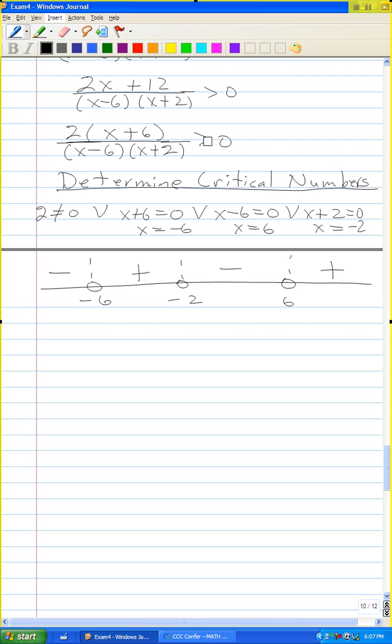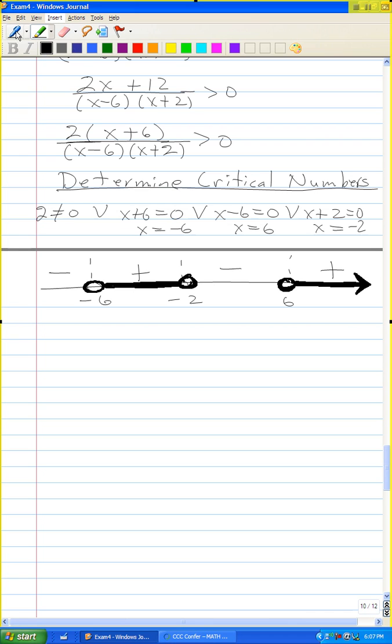I want this to be greater than 0, so I'll fill in the plus, and since it is still greater than 0, there's no equal sign, I will not fill in any of these critical numbers.